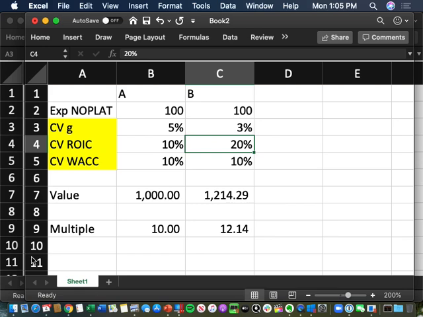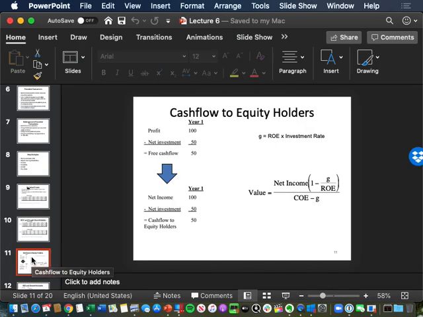So what I can actually do is take the key value driver equation, but rather than using what we did, plug in net income for NOPLAT, plug in expected ROE for ROIC, growth in cash flow becomes growth in net income, and instead of discounting at WACC, I discount at the cost of equity.